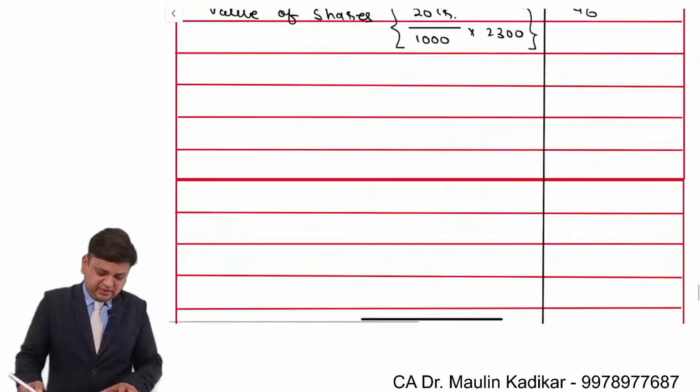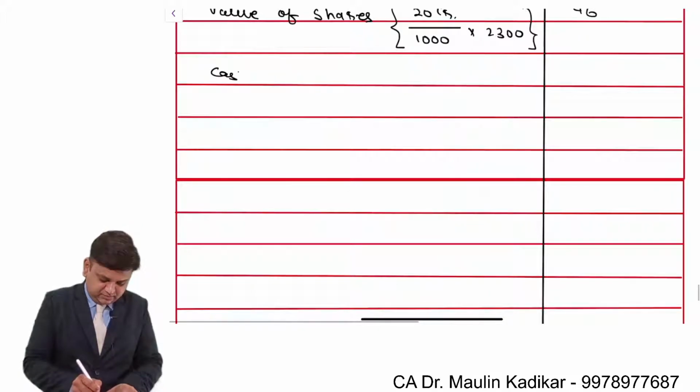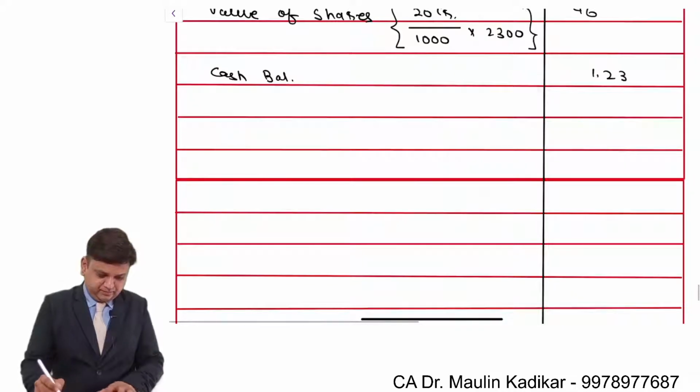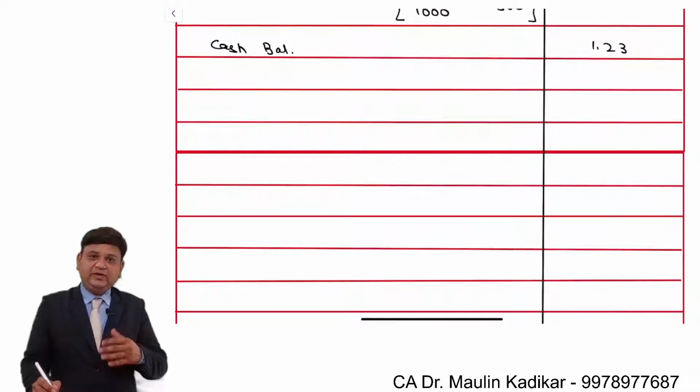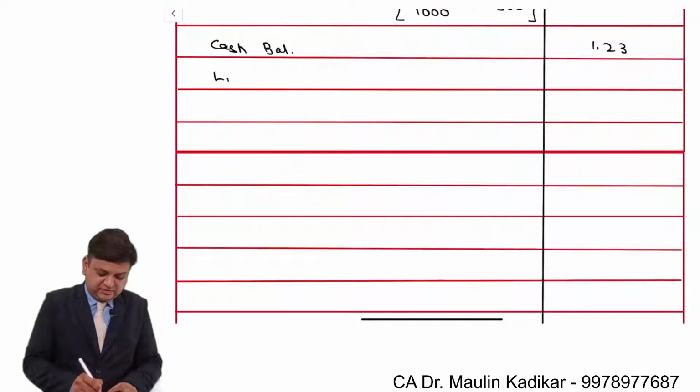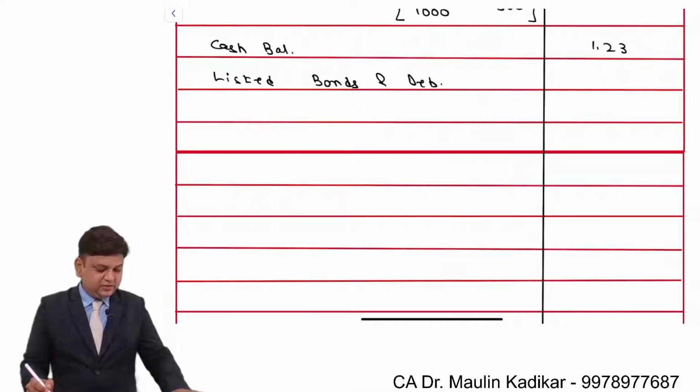Then cash balance 1.23 crore. Then we understand it's the listed bonds and debentures. Later on we have been provided that its value is 8 crore.